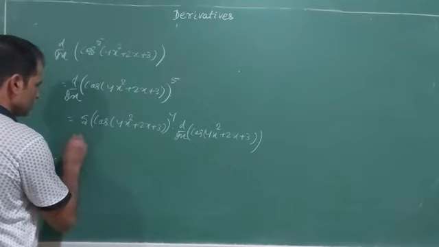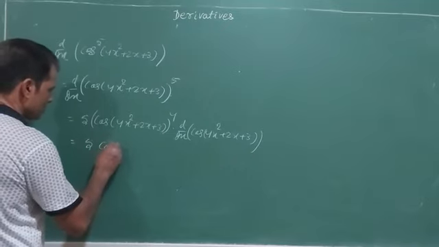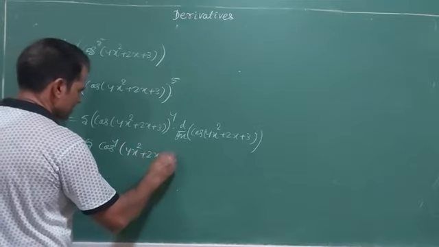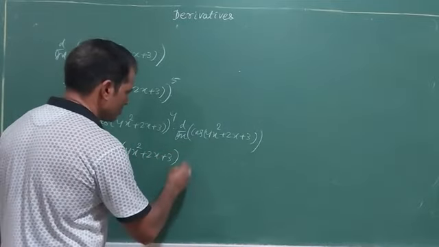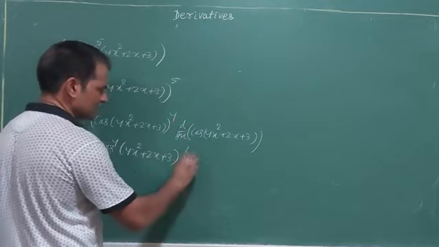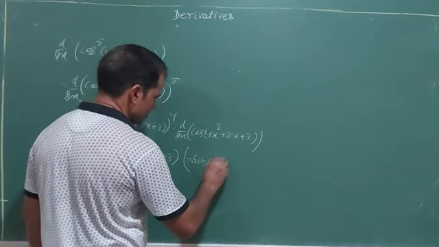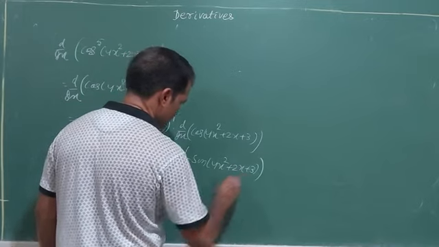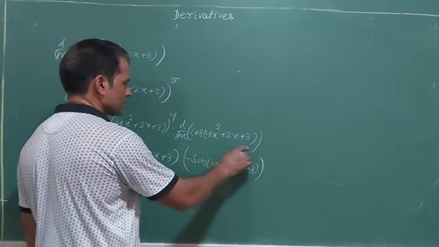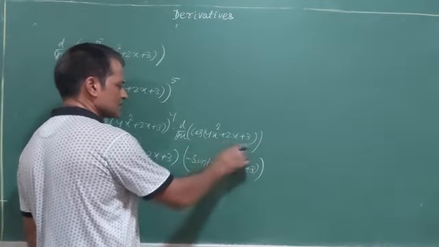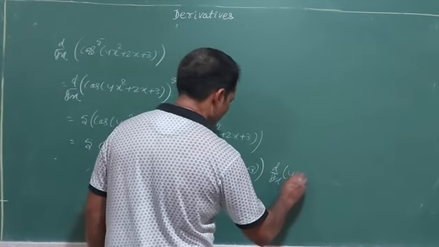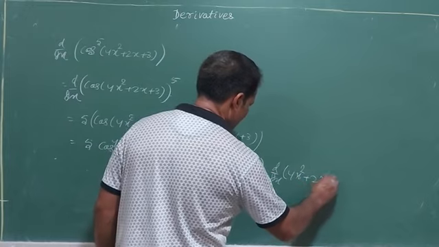Then that gives you now 5 cos to the power 4, 4x square plus 2x plus 3 into cos derivative is minus sin, into derivative of this, because this is not cos x, into dy dx of 4x square plus 2x plus 3.